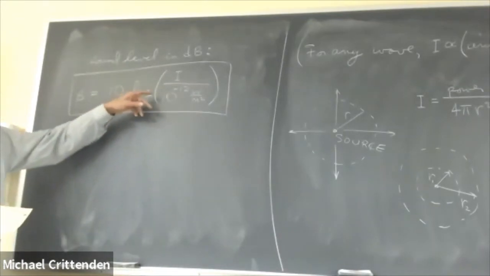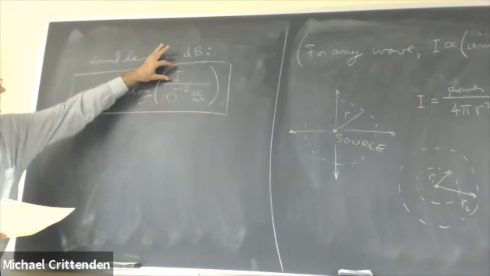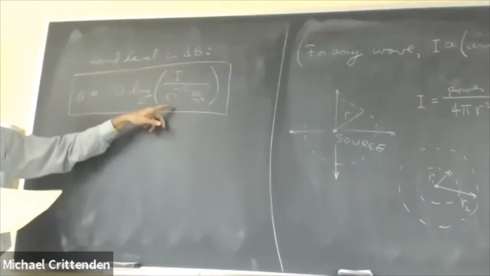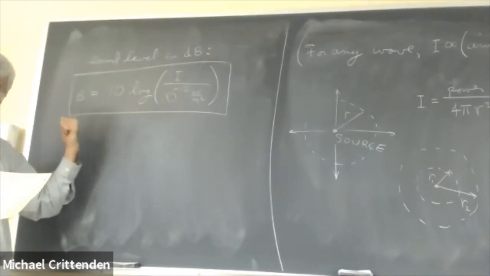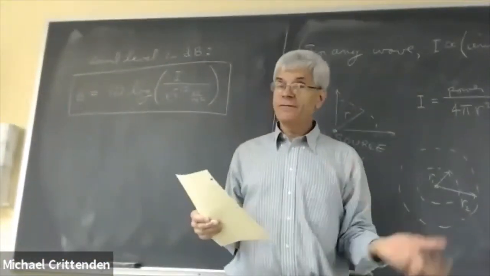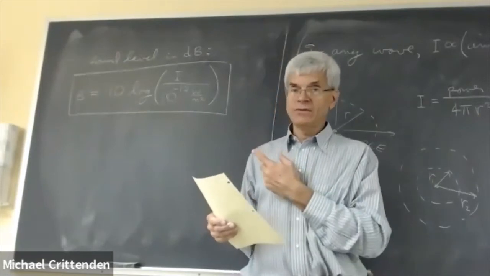So the way this works is if the threshold of hearing is around 10 to the minus 12, you'd be taking the log of 1, which gives you 0 decibels. Now, in principle, still fainter sounds could exist, which would give you a negative number of decibels.